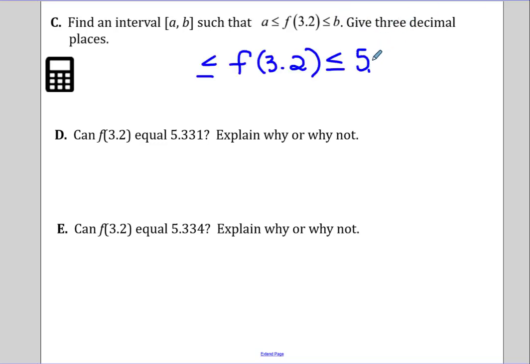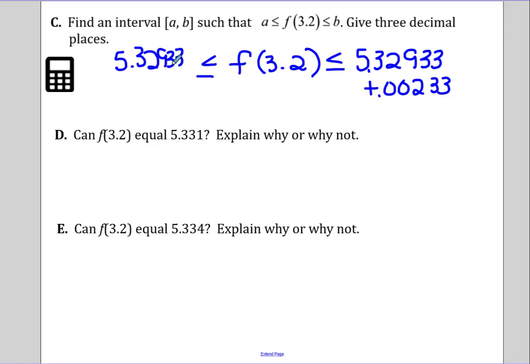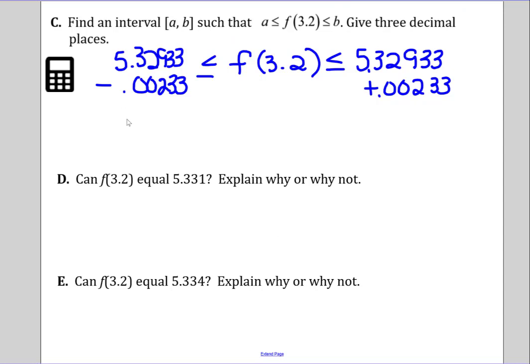In part A, we had 5.32933, and our bound was 0.00233, and we had 5.32933, and we want to subtract the bound 0.00233. So a little calculator work, and we have 5.327 is our A value.